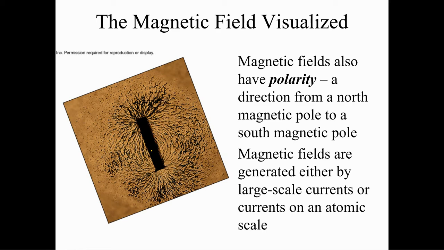Same down here. If I take the southern pole of this magnet and cut it in half, as soon as this is cut off, that magnet knows that it's now a north pole instead of a south pole. Very, very strange, but cool nonetheless.